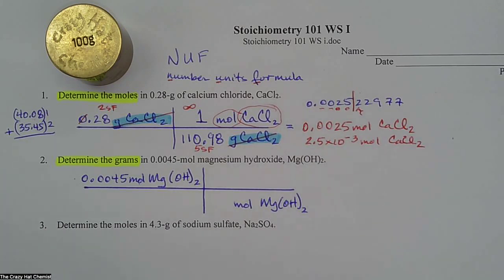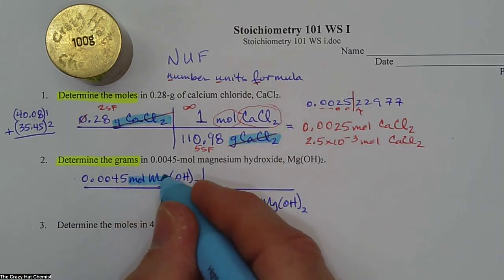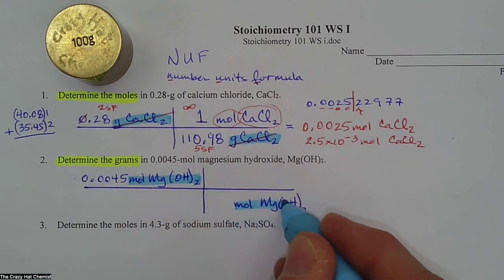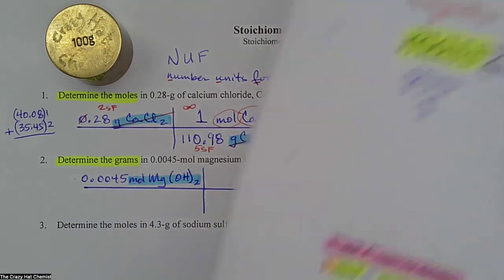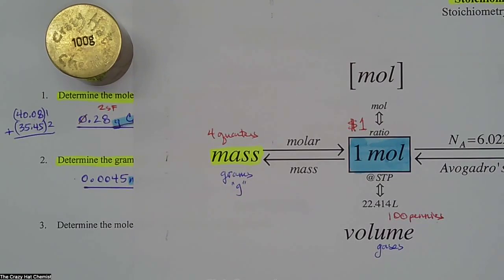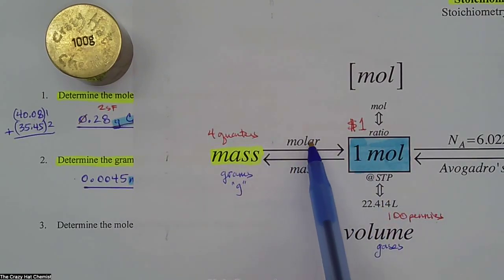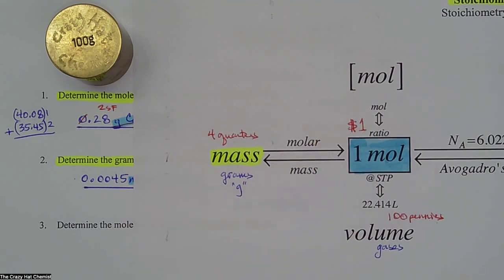Okay, and you should see that the units and formula are the same in the numerator of the previous term and the denominator of the next term. Now, what we want is grams. Can we go from moles to grams in one step? Well, that's why we have this flow chart. Can we go from moles to grams in one step? Yes, we can. We're going to use the molar mass to do that.